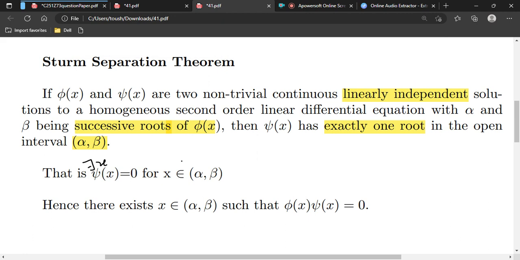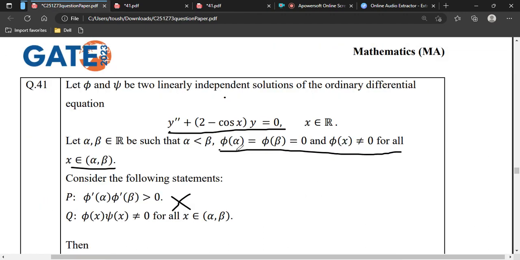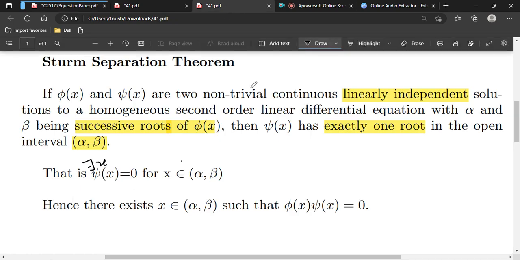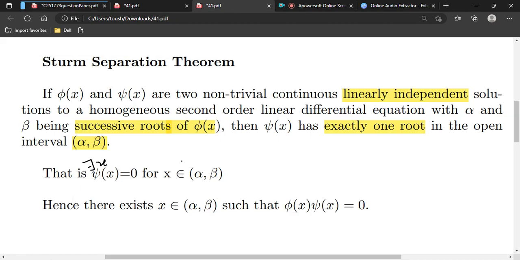It says that if phi and psi are two linearly independent solutions of a second order differential equation which is linear and homogeneous, then between any two successive roots, that is, phi(alpha) equal to phi(beta) equal to 0 and no root between alpha and beta, between any two successive zeros of phi, there will exist exactly one root of psi(x). That means there exists an x lying between alpha and beta such that psi(x) is 0.